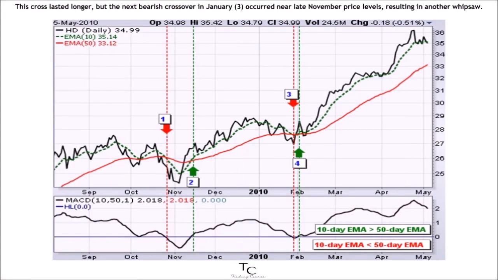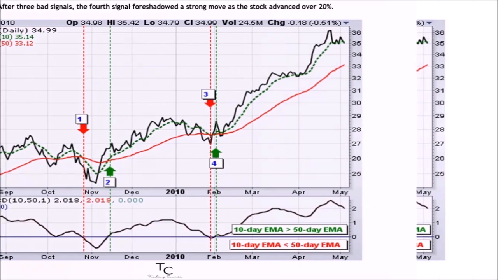This cross lasted longer, but the next bearish crossover in January occurred near late November price levels, resulting in another whipsaw. This bearish cross did not last long as the 10-day EMA moved back above the 50-day a few days later. After 3 bad signals, the fourth signal foreshadowed a strong move as the stock advanced over 20%.